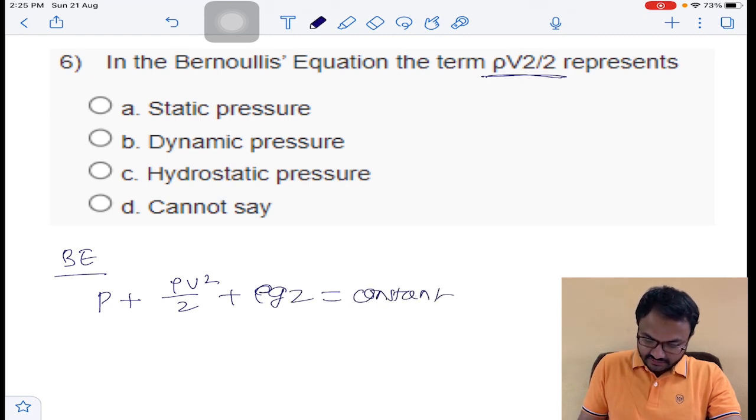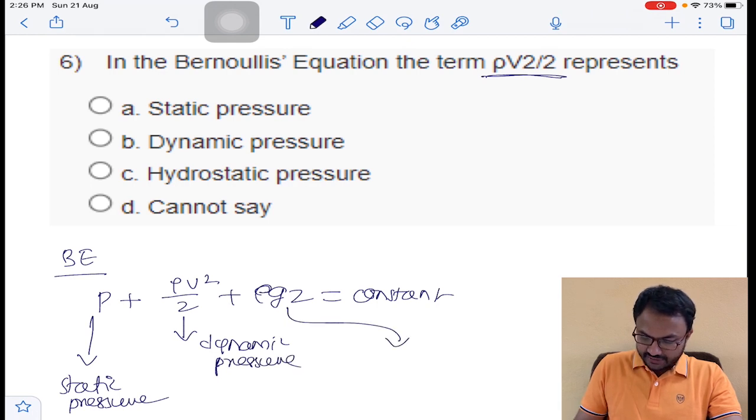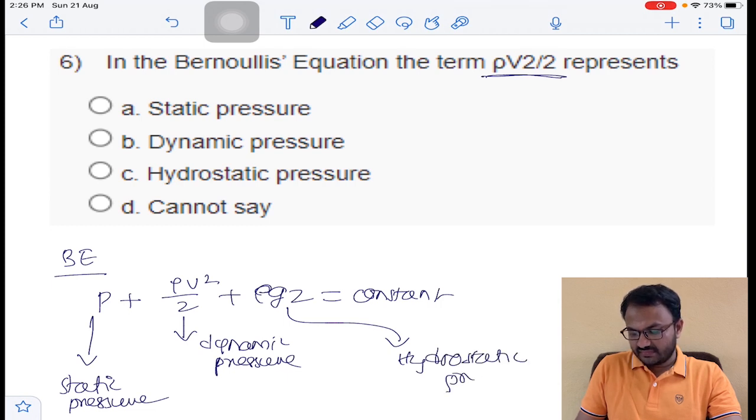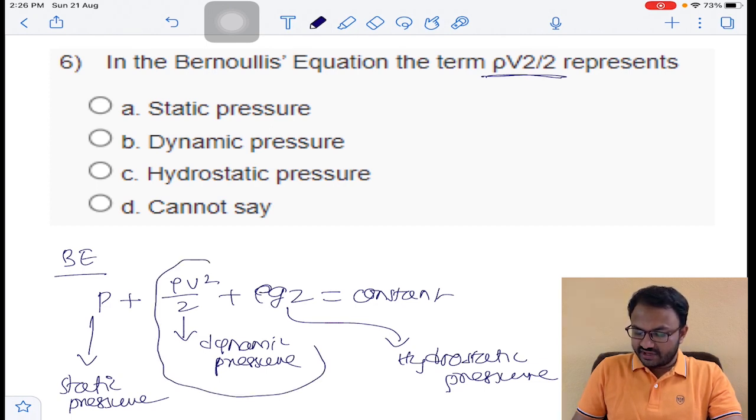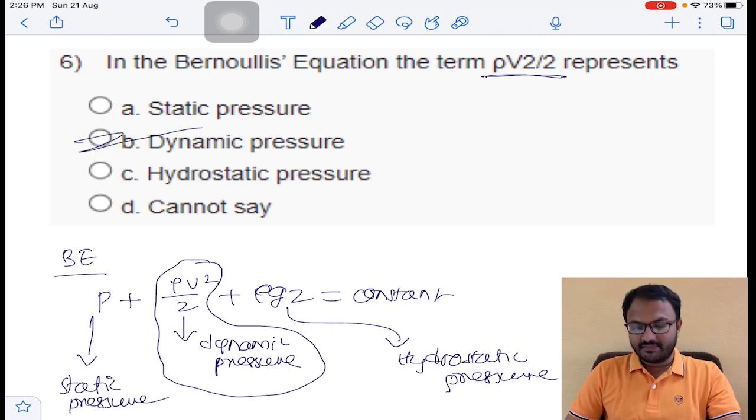Here P is the static pressure, rho v square by 2 is the dynamic pressure, and rho g z is the hydrostatic pressure. So the summation of static, dynamic and hydrostatic pressures is a constant value according to Bernoulli's theorem. He asked what represents rho v square by 2, so it is the dynamic pressure. Answer B for question number 6.